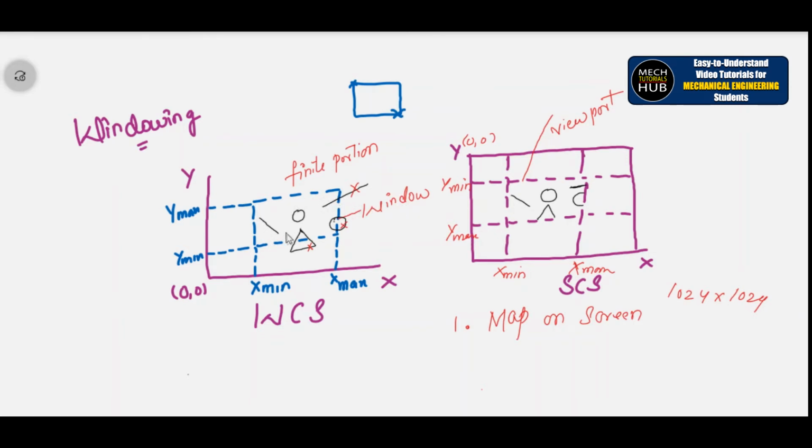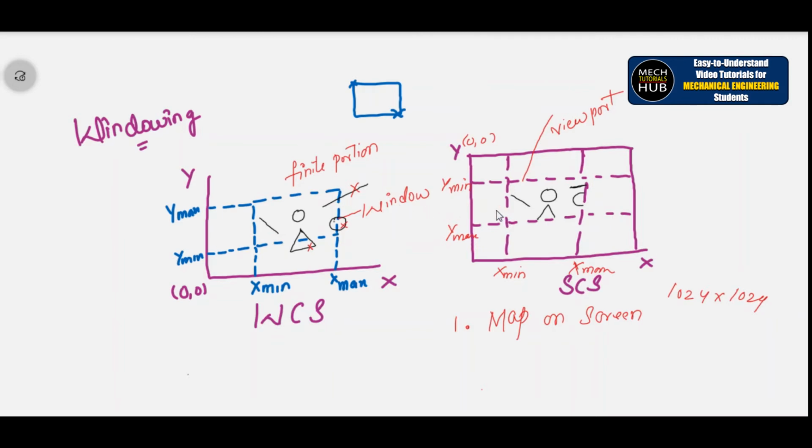Now when you pick or drag this window, whatever entities come inside the window are visible, and those outside the window are completely invisible. So when the same thing is projected on the screen coordinate system with a resolution of 1024 by 1024, the visible things are clearly seen, and invisible things are deleted.